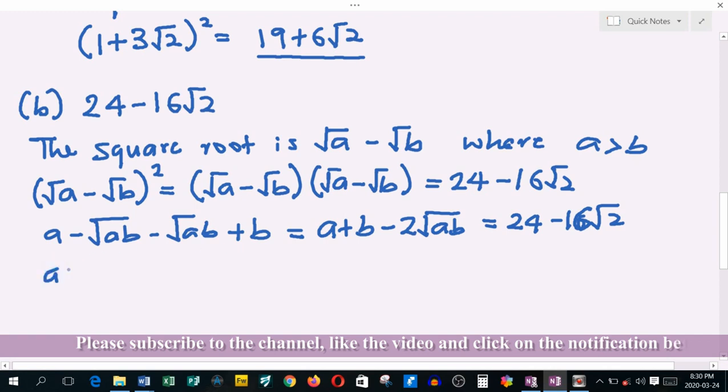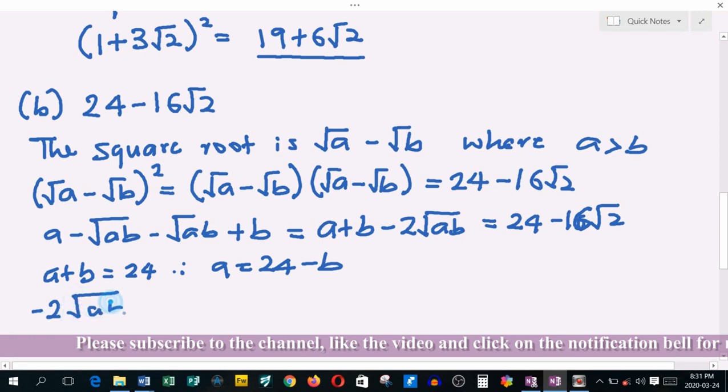So our a plus b is equal to 24. Therefore our a is equal to 24 minus b, and our minus 2 root ab is equal to minus 16 root 2. 2 is common on both sides, minus is common also.